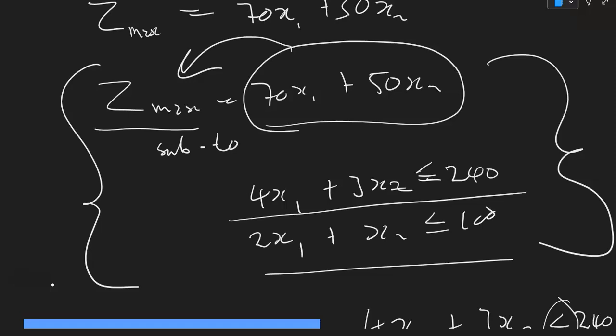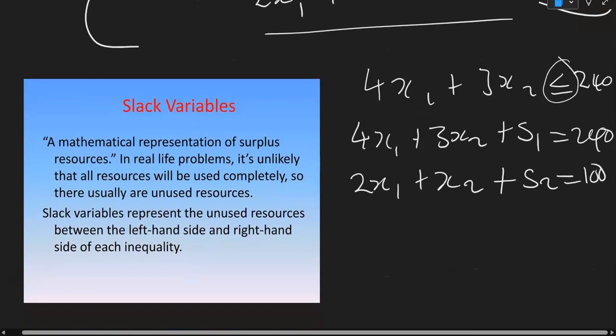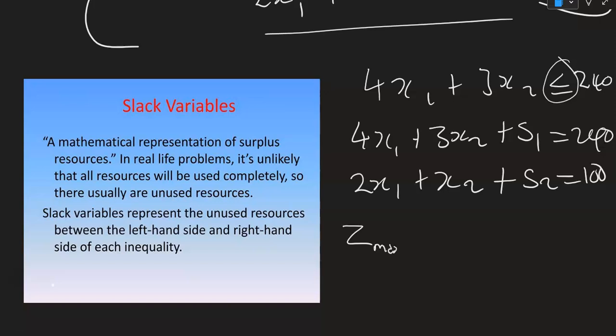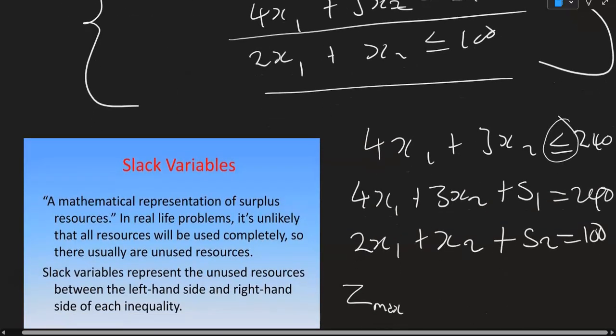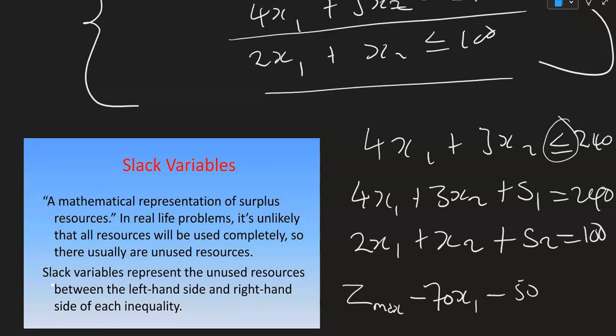When you bring these two to the other side, when they cross the equal sign, they change sign. So 70 becomes negative 70x1, and the 50 becomes negative 50x2, giving you a 0 figure on the other side. You have nothing remaining there.